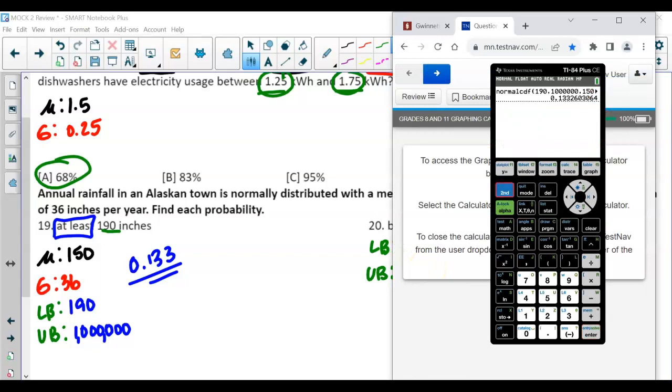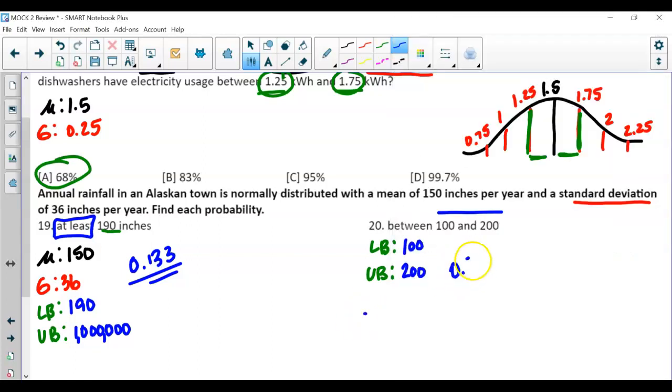Again, second VARS, go to option 2. The lower bound is 100. The upper bound was 200. We already used same mean and standard deviation. And there's your probability, 0.835. So that's the probability of getting between 100 and 200 inches of rain.